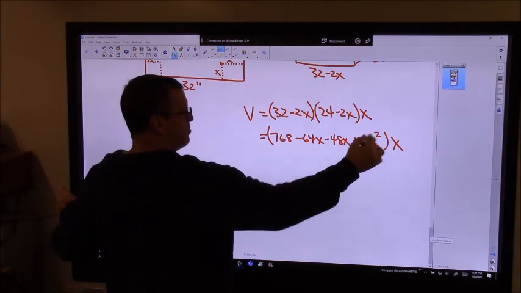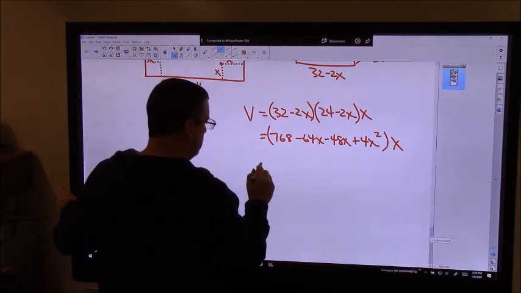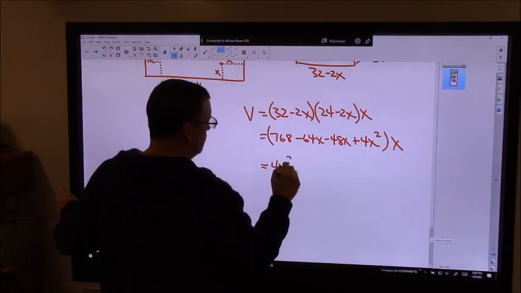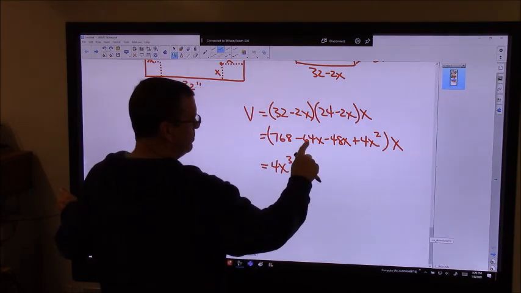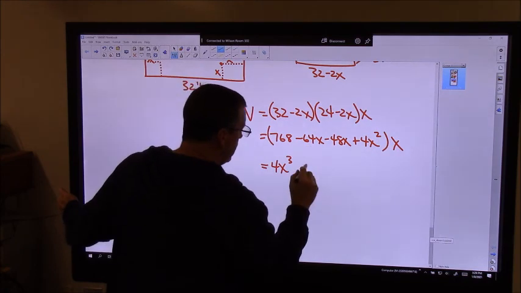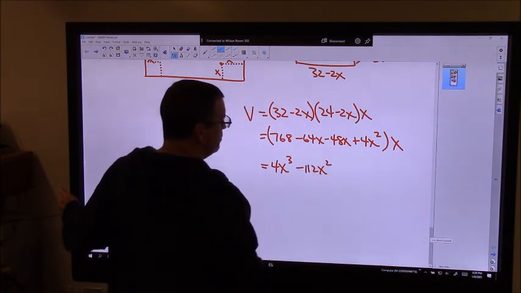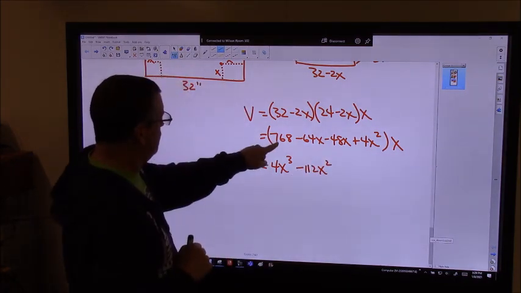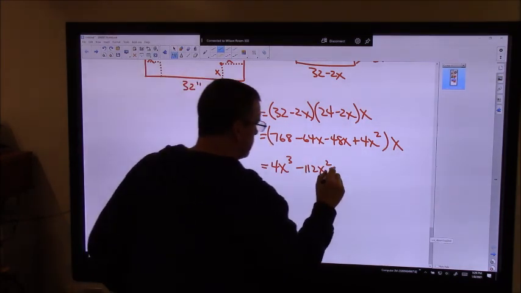And so I'm going to go ahead and multiply here first. I'm going to get 4x cubed minus 112x times x, so that'd be minus 112x squared, and then plus 768x.